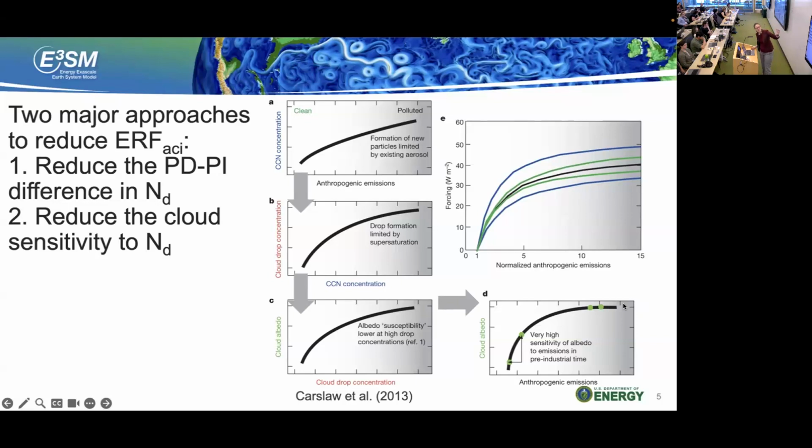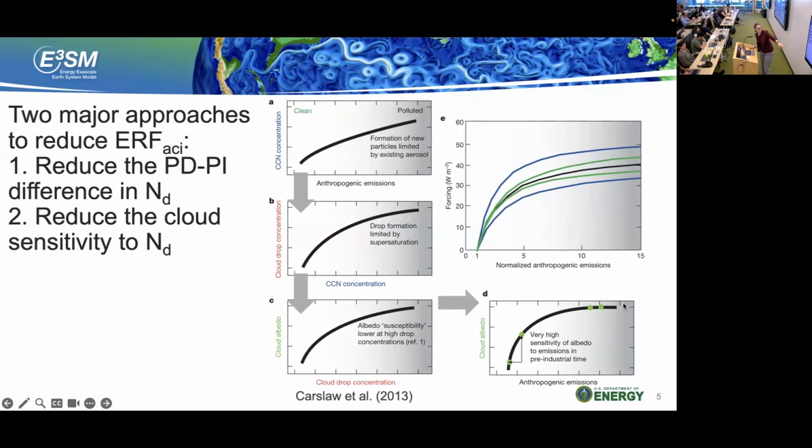And that's the first step of the process. The second step is that the increase in cloud condensation nuclei leads to an increase in cloud droplet concentration. The third step is that increases in cloud droplet concentration increase the cloud albedo, so the amount of sunlight reflected by clouds that have the same amount of liquid water, but spread over more droplets. Those clouds reflect more sunlight.